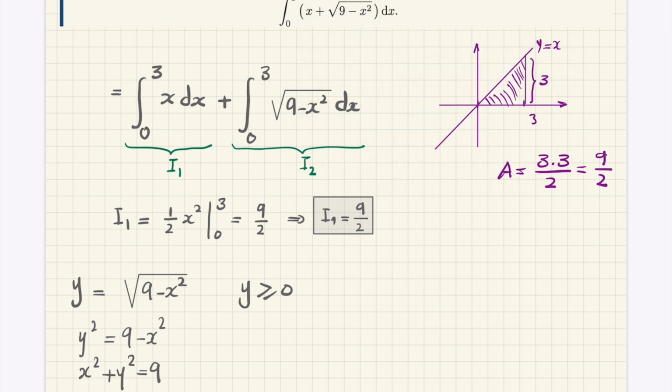Let me mention that in Math 3C we learned that (x minus a) to power 2 plus (y minus b) to power 2 equals a number to power 2. This is an equation for the circle.